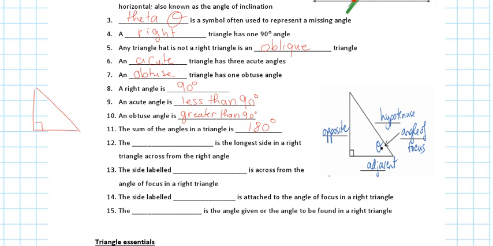Now, if you look at this, do you have any angles greater than 90 in this triangle? No. If this is 90, these 2 must add up to be 90. So they could be 30 and 60, or they could be 32 and 58, or they could be anything that adds up to 90. So which side would be the longest side in this triangle?